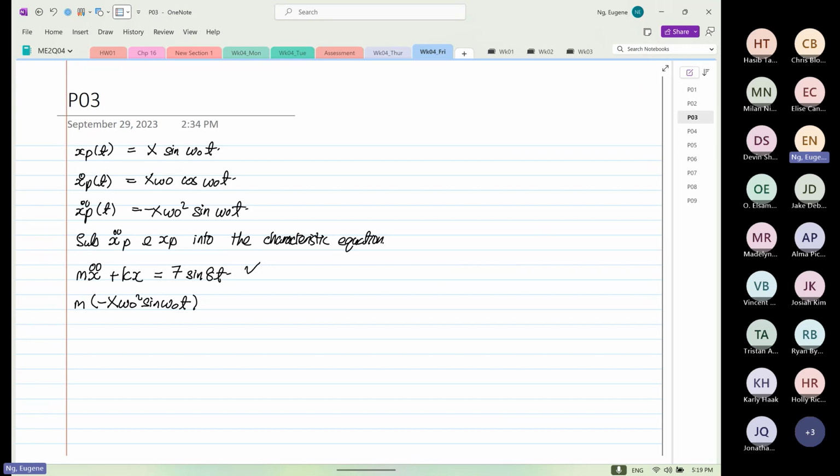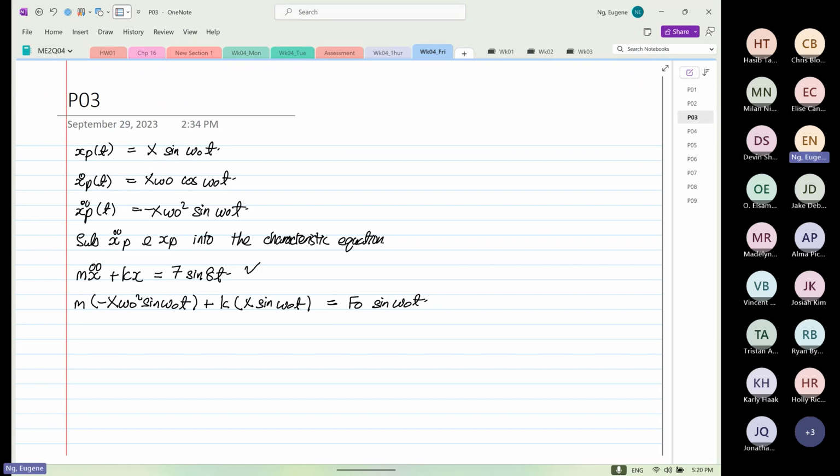You have your plus k bracket x sine omega naught t, and then this is equal to F naught sine omega naught t. Okay, and then now you can take out your what?